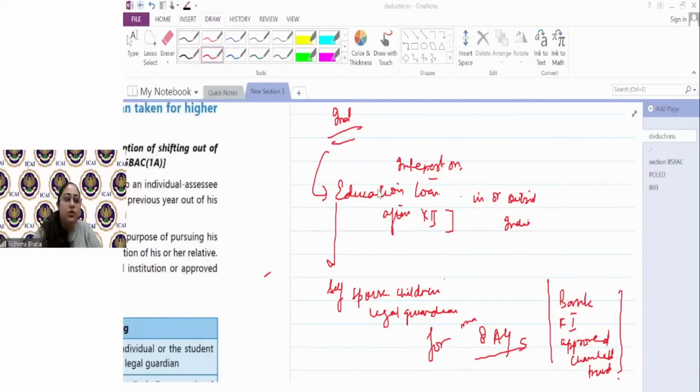ठीक है? Sorted? Clear? 80E में कोई doubt? Simple है guys.